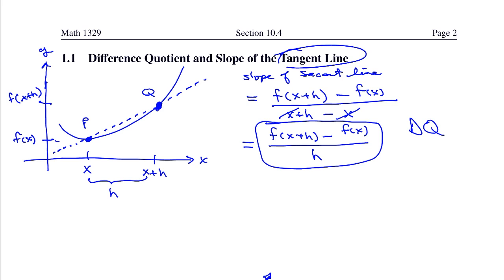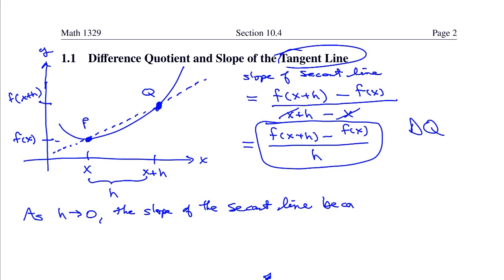So, as h goes to 0, the slope of the secant line becomes the slope of the tangent line.